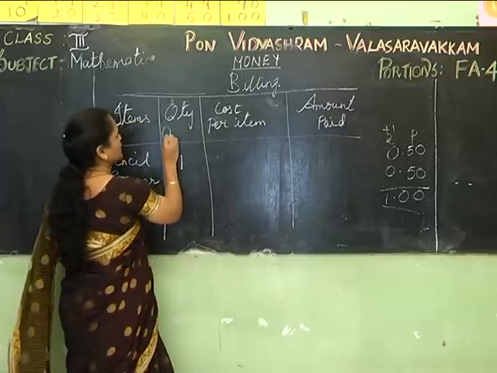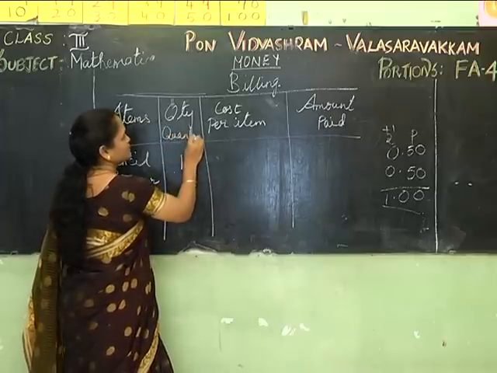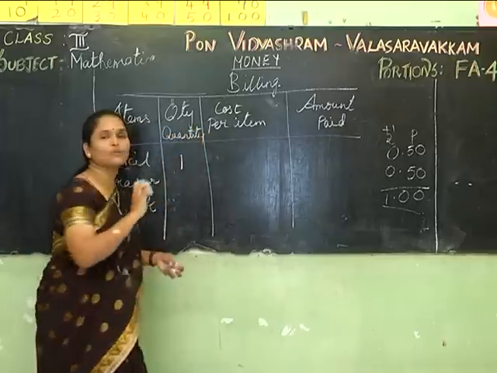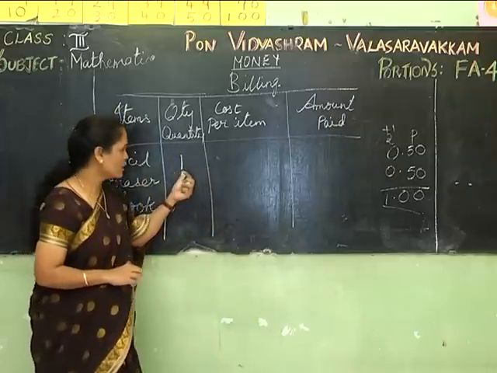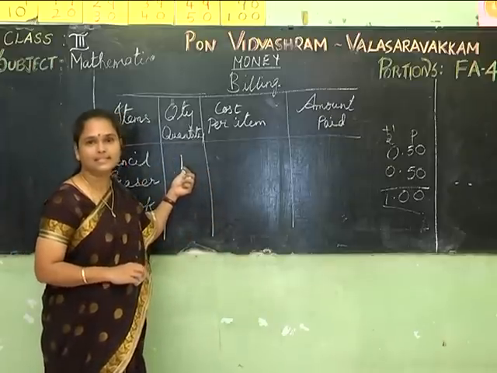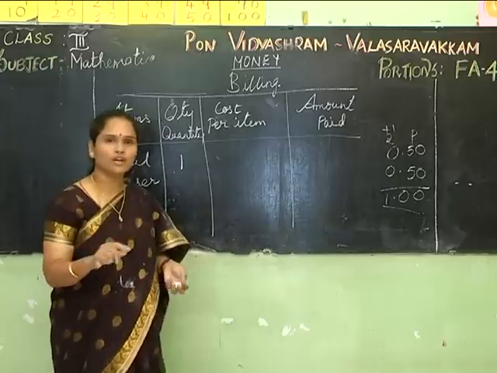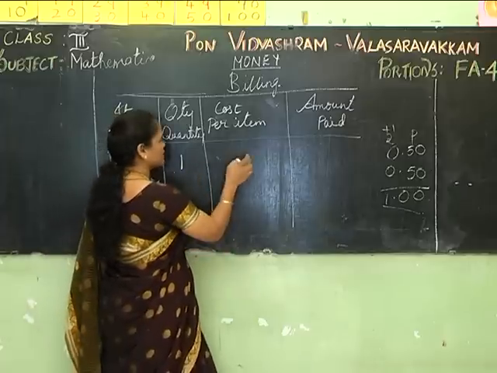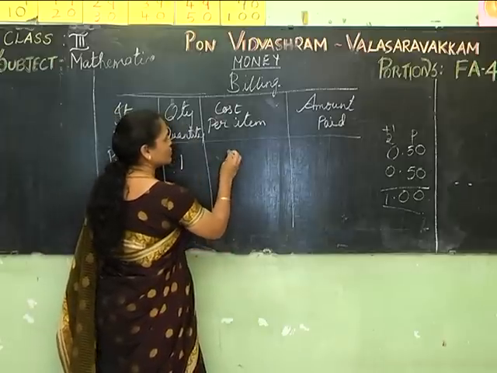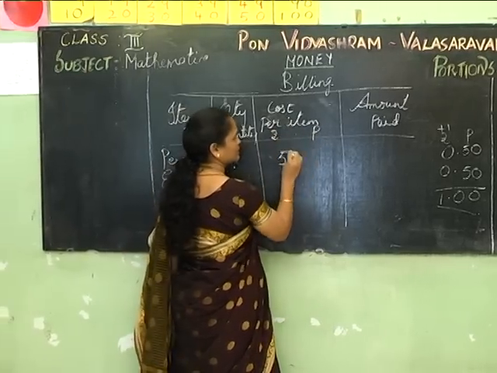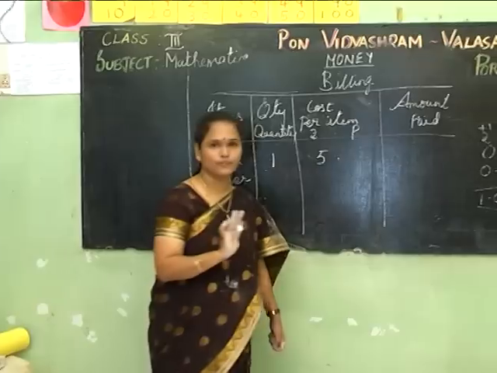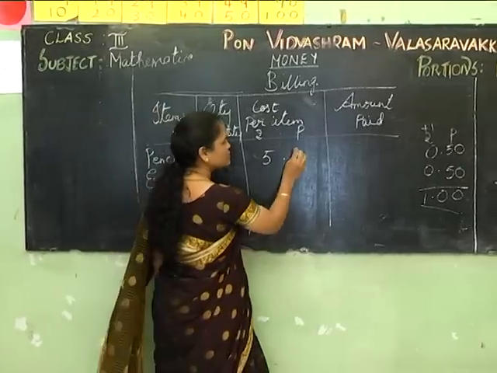Quantity is what you want to buy, that is, how much you want to buy. Buy one pencil and the cost of one pencil, let us say, is 5 rupees. Only 5 rupees. So I put 0, 0.